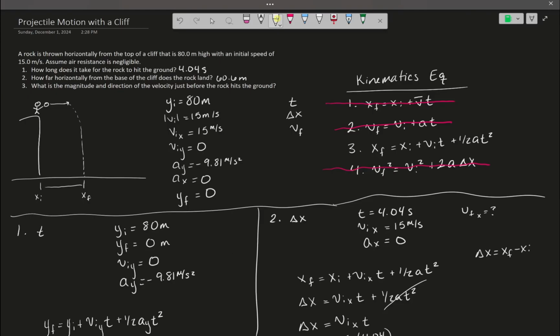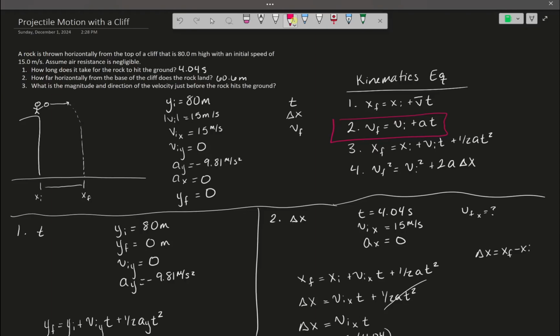So because this is a 2D kinematics equation, I want to think about the x directionality of the final velocity and the y directionality of the final velocity. So the x direction is really easy, and we can just do this conceptually, right? If I look at the second kinematic equation, my final velocity is equal to my initial velocity plus acceleration times time.